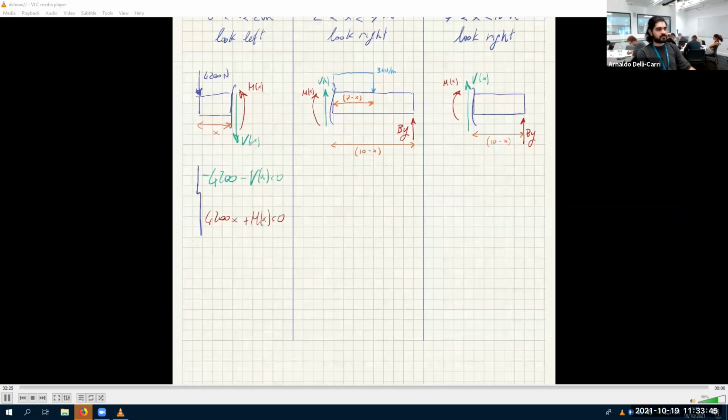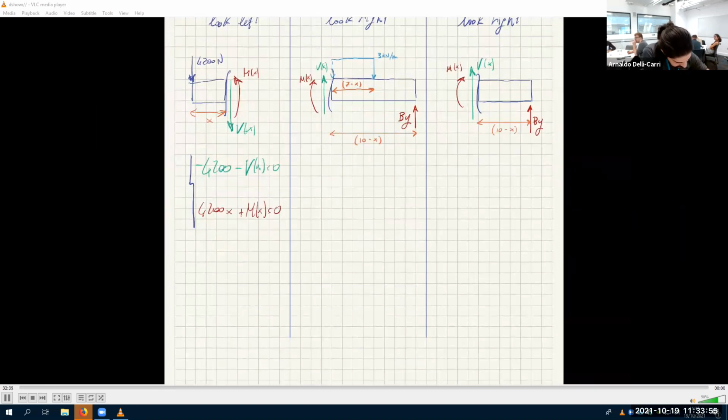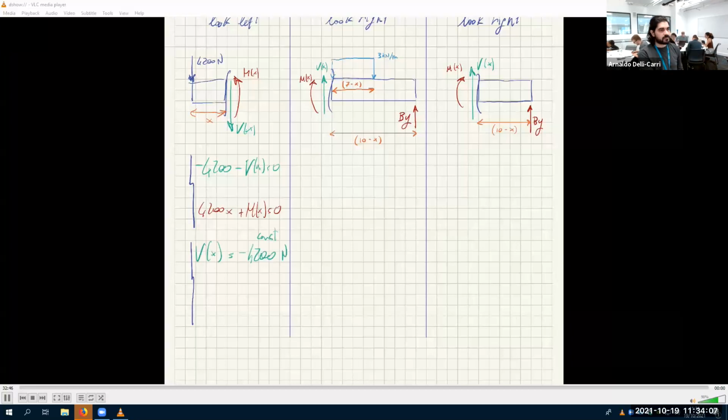Do you agree with me? So these are the equations. If I solve for V of x and M of x, I get that V of x is minus 4200 newtons, constant. And M of x is minus 4200 x, linear. Remember, this is the equation of a straight line.